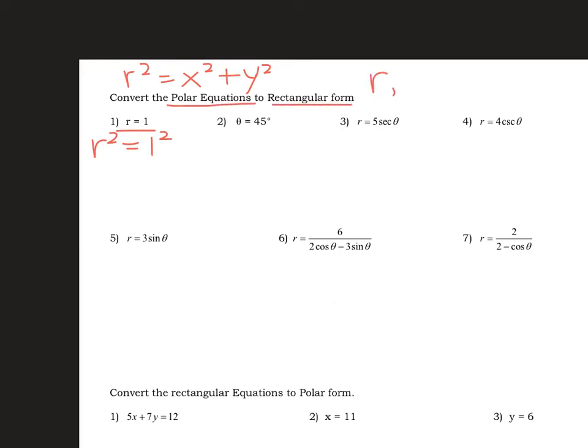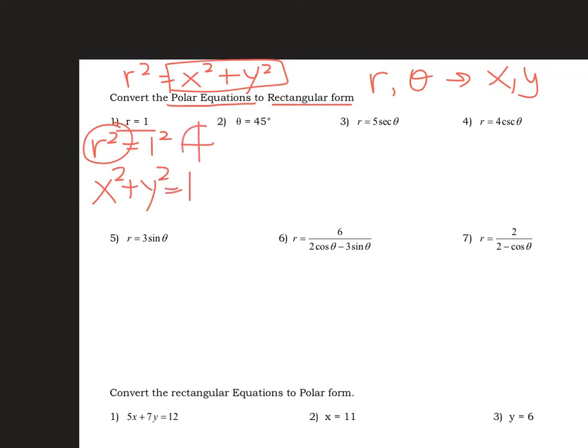My polar equation is going to have R or theta in it, but I want it to have x and y in it. So I'm going to take this R squared and replace it. X squared plus y squared equals 1. Now, do you remember from conics, that's just a circle with radius 1. I know we haven't done that for a while, but that helps too.